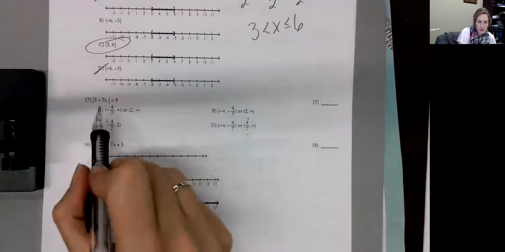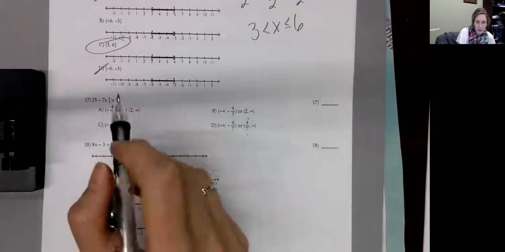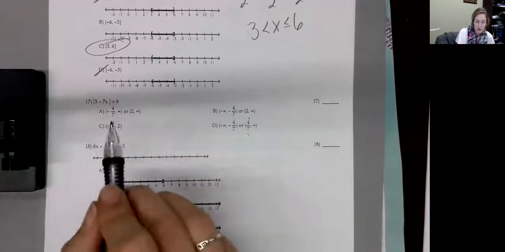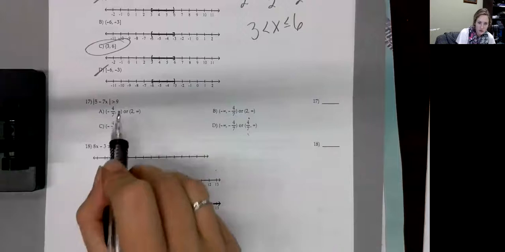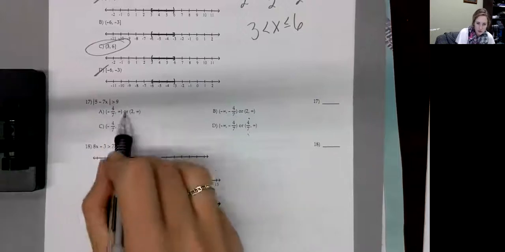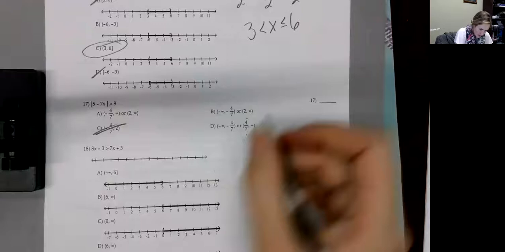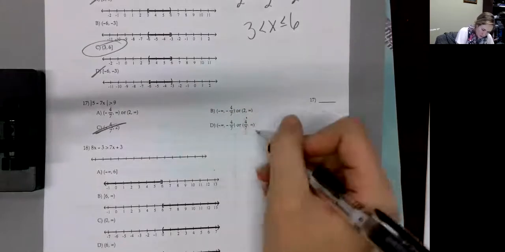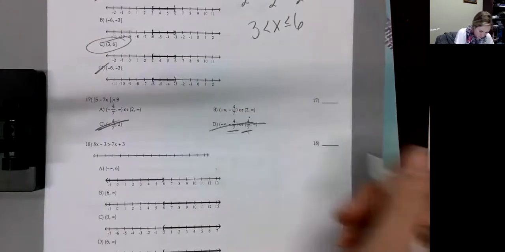Okay, so this one, the absolute value is greater than 9. Absolute values are going to split this into 2 separate ones if it's greater than. So it's going to be one of these that have an or. It's not that one. This one's assuming they're both the same, and you're not going to have a negative 4/7 and a positive 4/7 in this one.